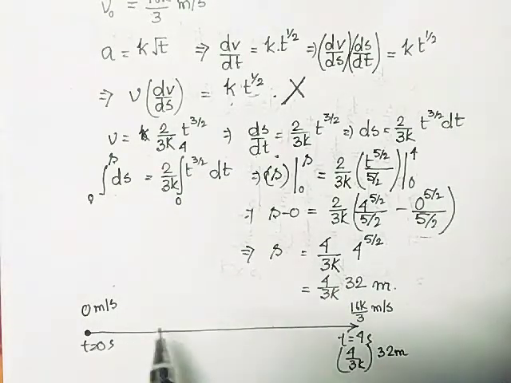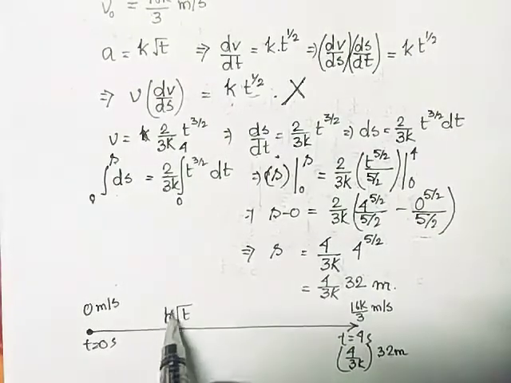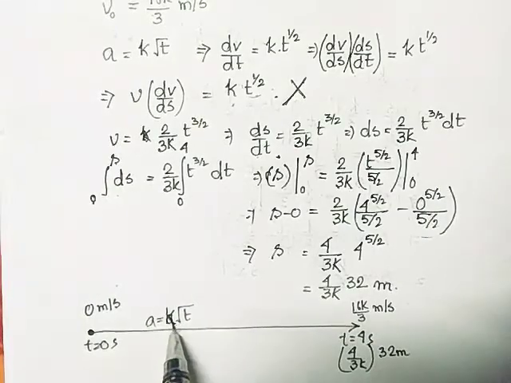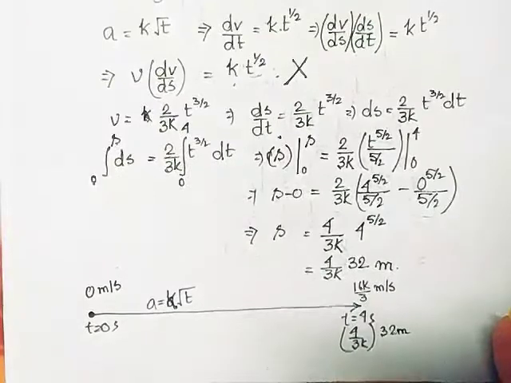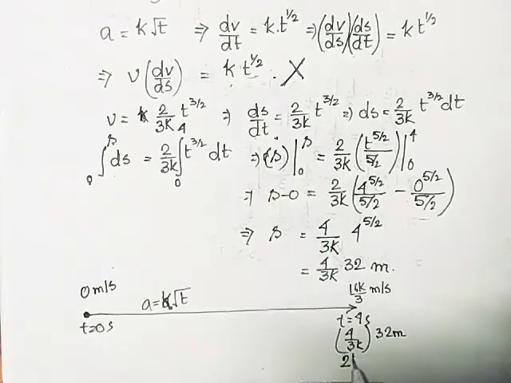Acceleration over the total path is proportional to the square root of time. But if I want to find the acceleration at that instant, then obviously it is 2k meter per second square.